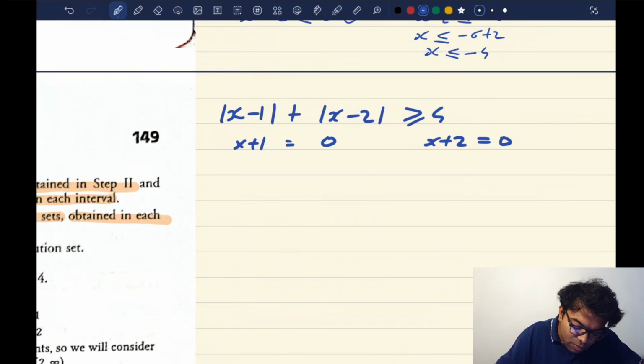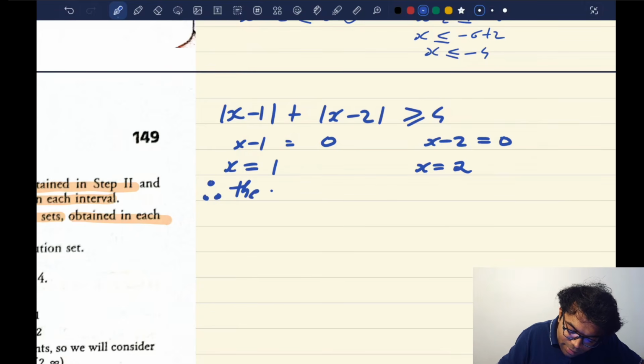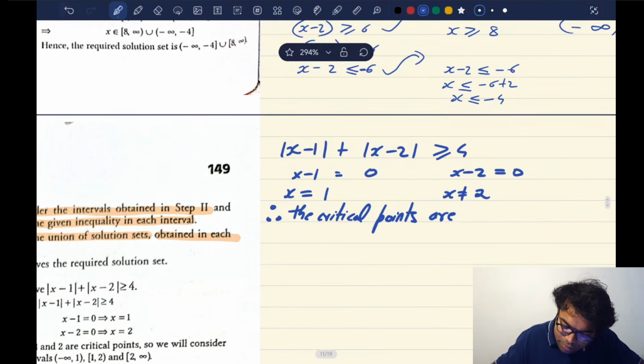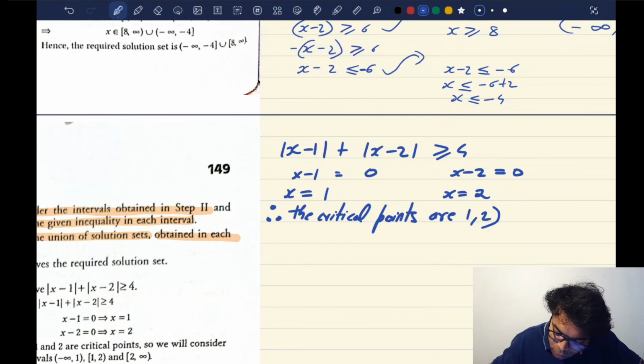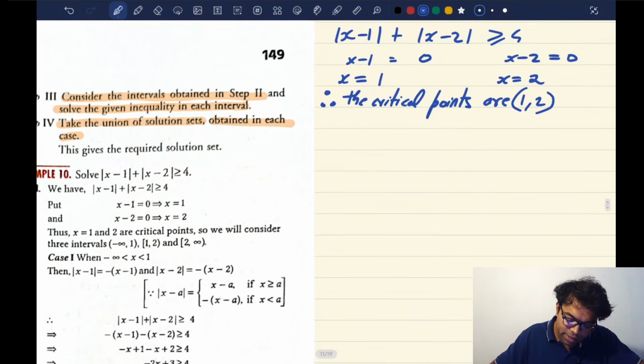Sorry, x minus 1. What am I doing? So x will become equal to 1 and x will become equal to 2. Therefore, the critical points are 1 comma 2. These are the two critical points that we have.